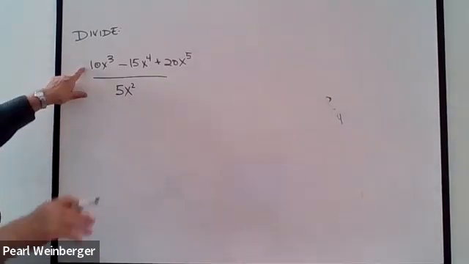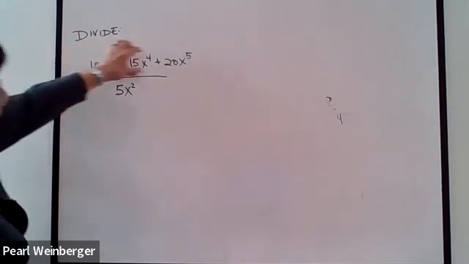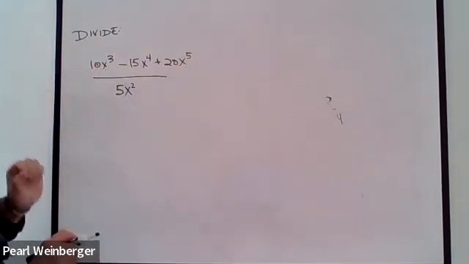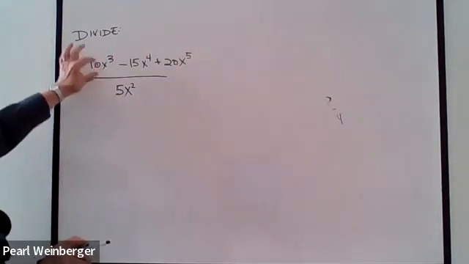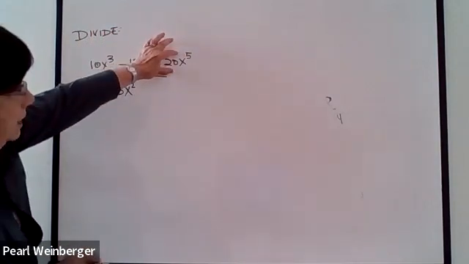I told you I want you to divide this. Whenever you're dividing a polynomial by a monomial, what you have to do is divide each term separately by the denominator.